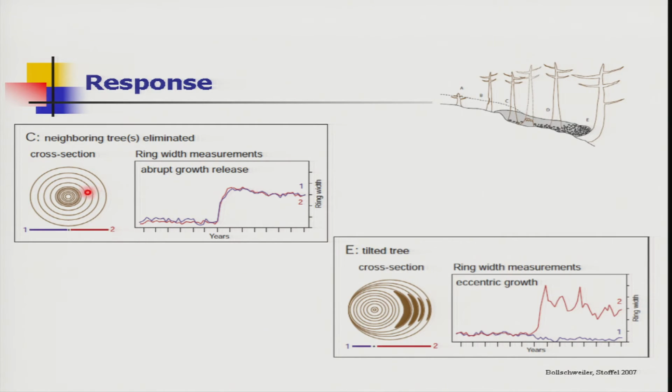If the neighboring trees are eliminated, the particular tree gets more space for growth, and the competition is reduced.